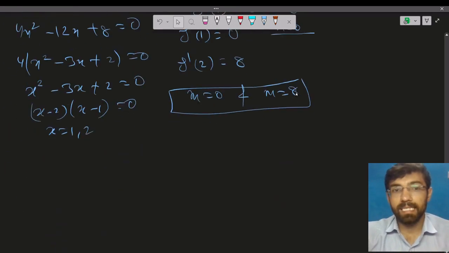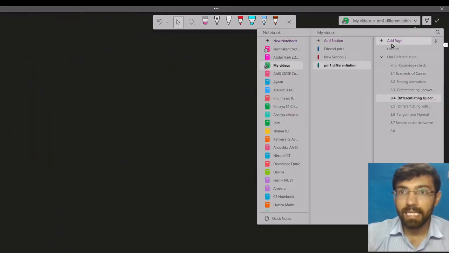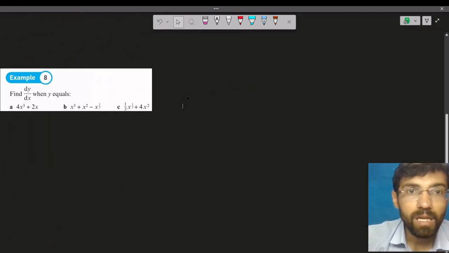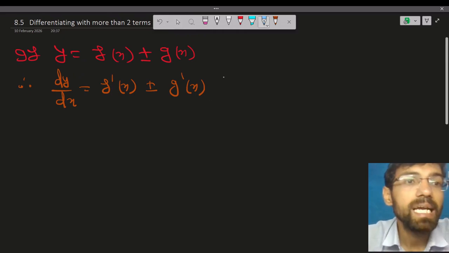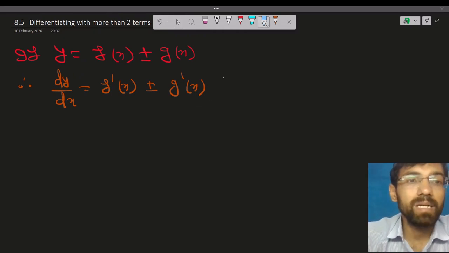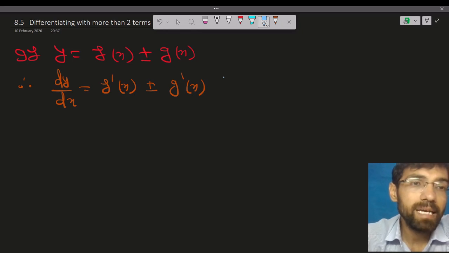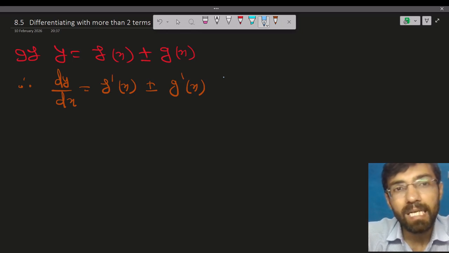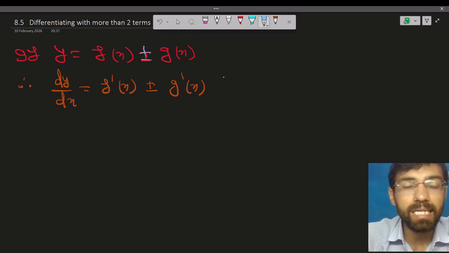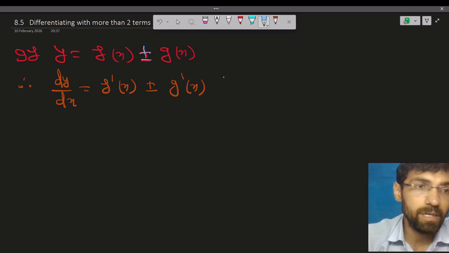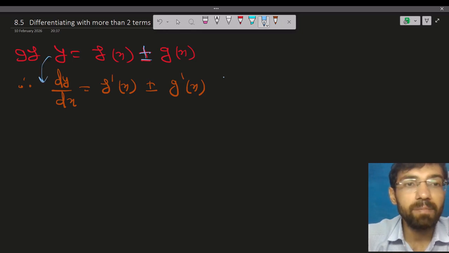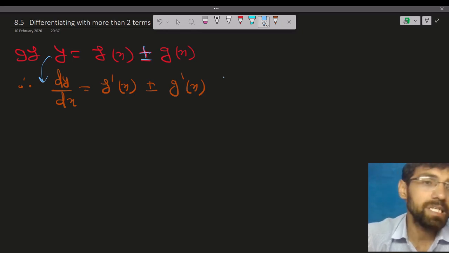Let us see the next part, and this is quite easy. This property we have already learned as property number 5, or rule number 5. If I have y equals f of x plus or minus g of x, if you have plus or minus, you can differentiate separately. So dy by dx is f dash x, and the plus or minus remains as it is, then g dash x.